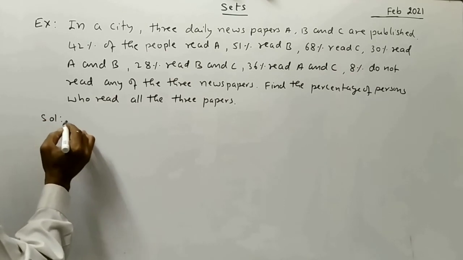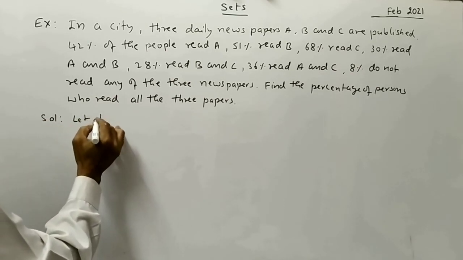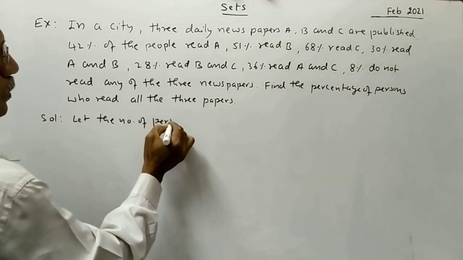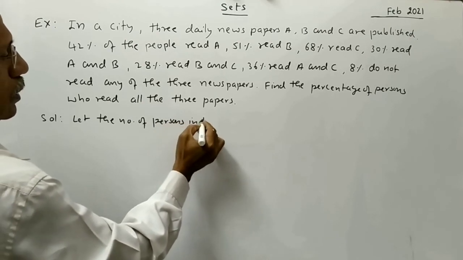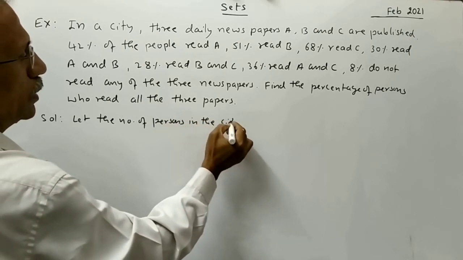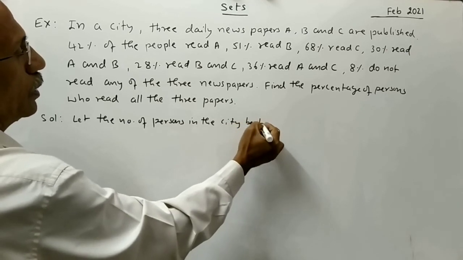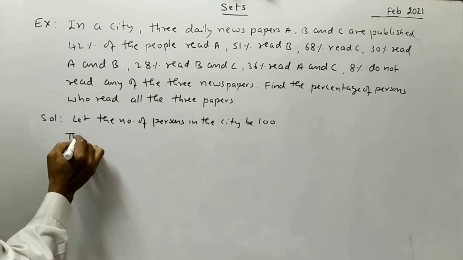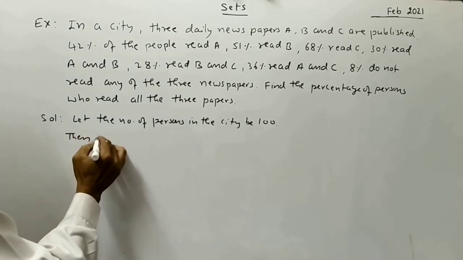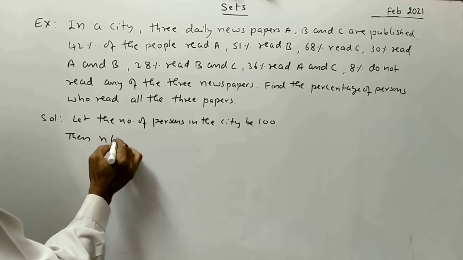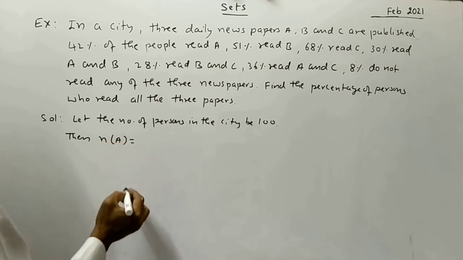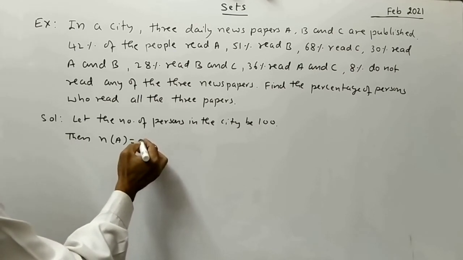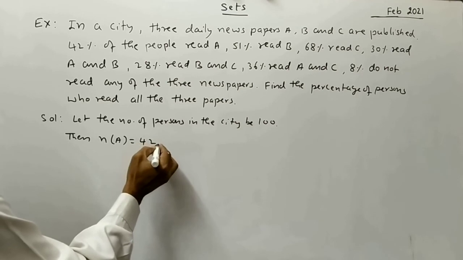Solution. Let the number of persons in the city be 100. Then number of elements of A is equal to 42.